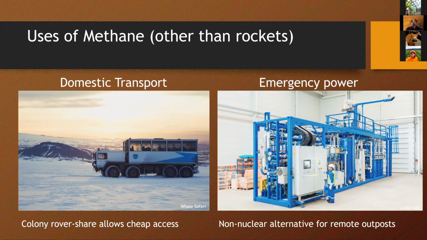So just given the higher energy density and the minimized impact of thermal variability on it as a fuel, it offers a compelling alternative for domestic transport vehicles, but also as an emergency power source. So the Sabatier reaction can be run in reverse to very efficiently generate power, and this is an existing commercial option for off-grid installations.